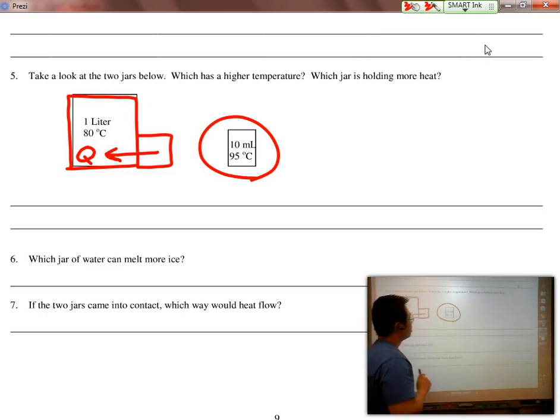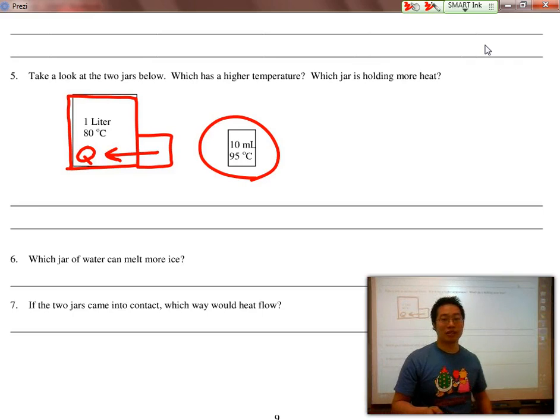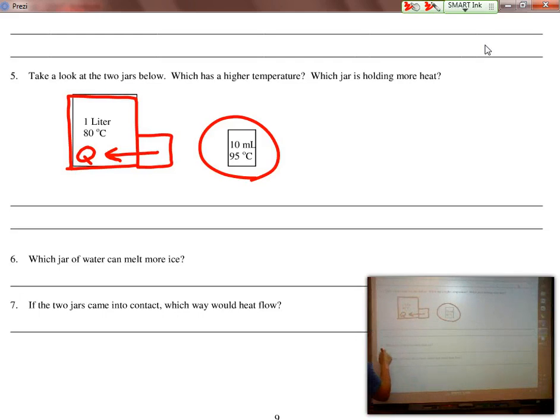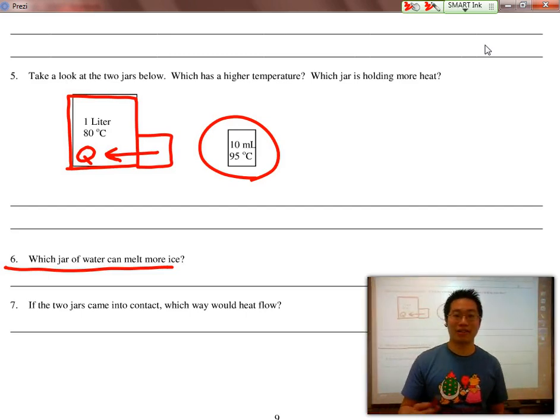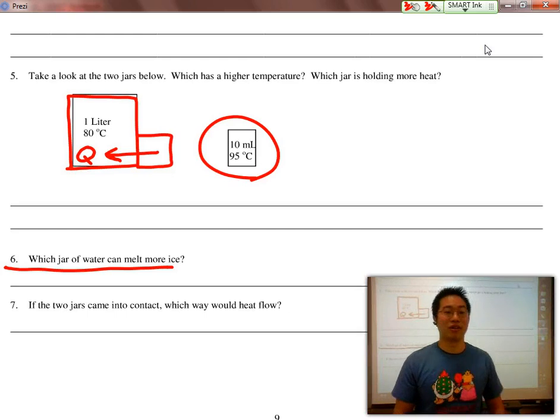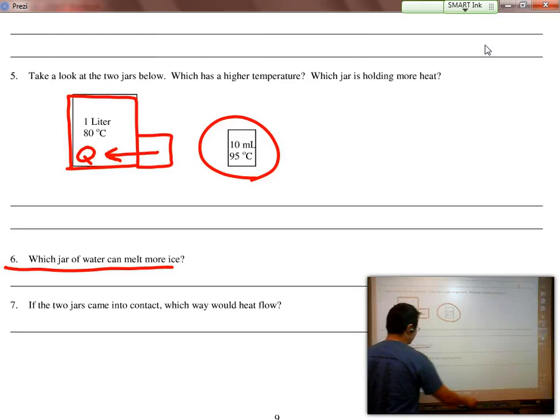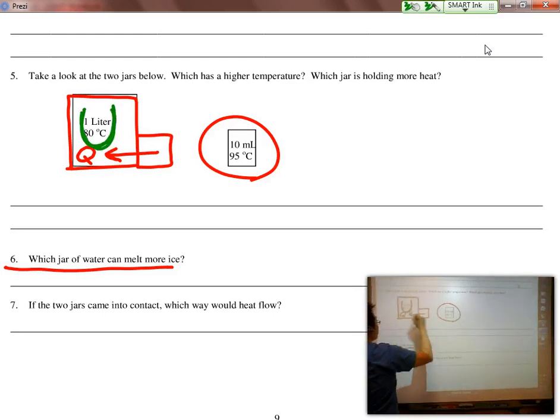Okay? But if you look at question number 6, which jar of water can actually melt more ice? You see, just because something has a higher temperature doesn't mean it has more internal energy stored inside. Because in the end, this large container has a lot more internal energy than this little container over there.